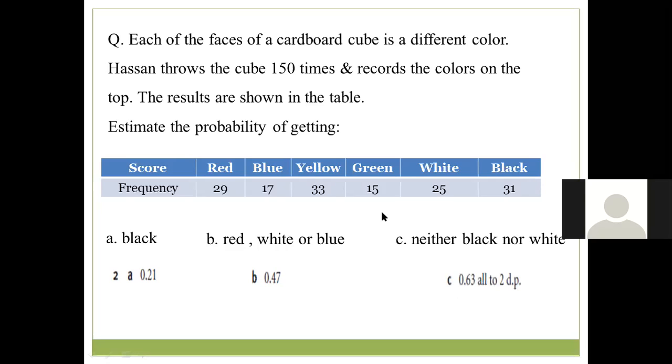That is 0.63 when rounded to 2 dp. Excellent, Selena. Thank you very much. Great job so far. We're done with mutually exclusive events.